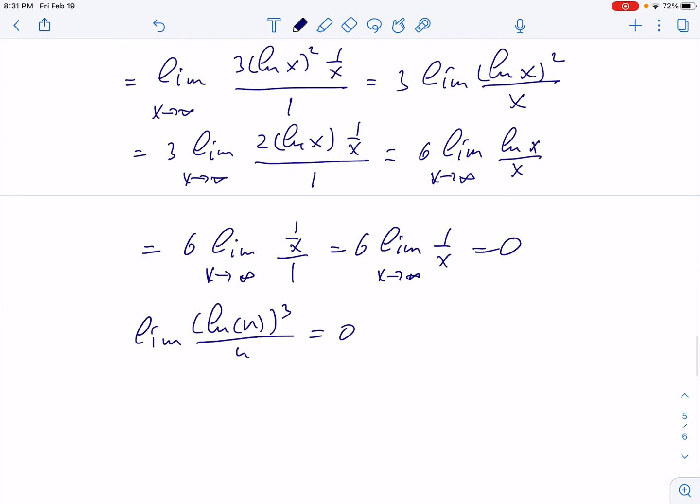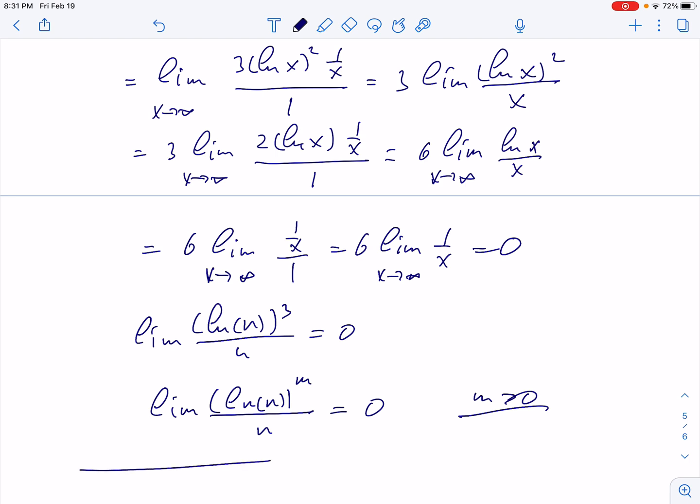So it's good to write: the limit of natural log n to any positive power m over n equals 0. And m can be very large, but the limit is still 0.